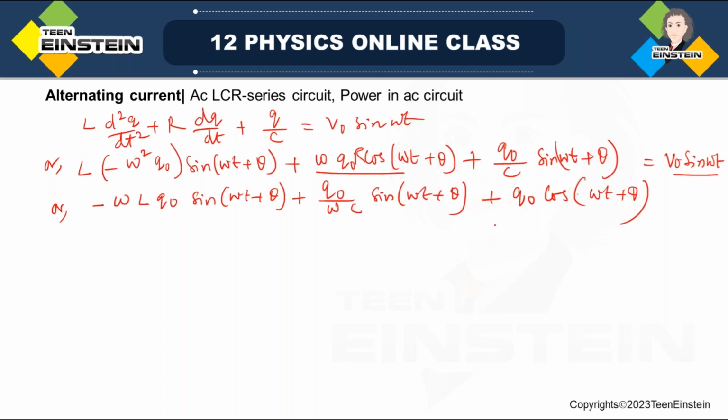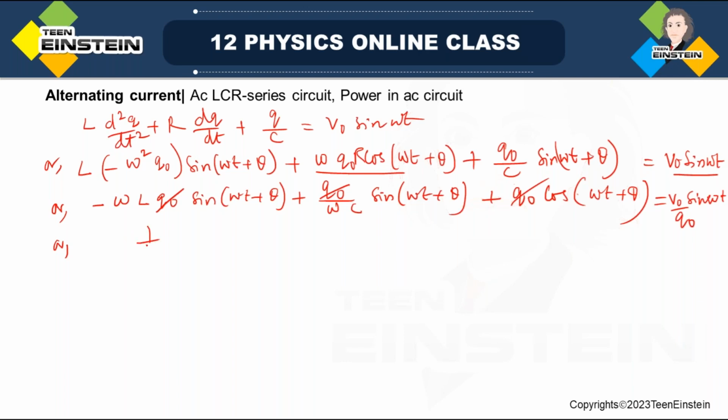So it is cos of omega t plus theta, and this is v0 sine omega t on this side. I would actually have struck out this q0, so let me divide by q0 here and see what I get.